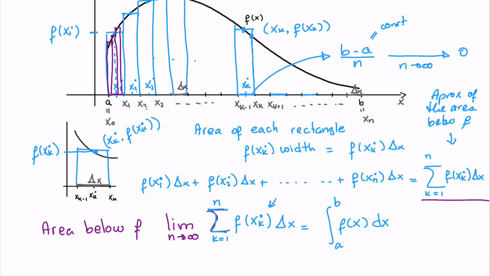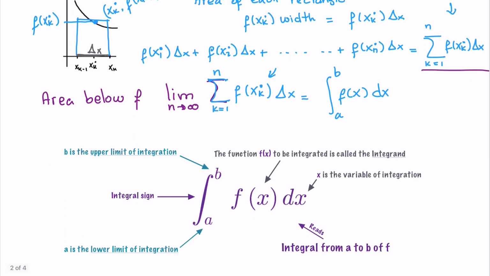So that's how we get the definite integral using the Riemann sum. This is the lower limit of integration, and this is the upper limit. I think it's very nice. Why the symbol? This symbol means an infinite sum, because if this is the sum, they just elongated it to make it infinite.